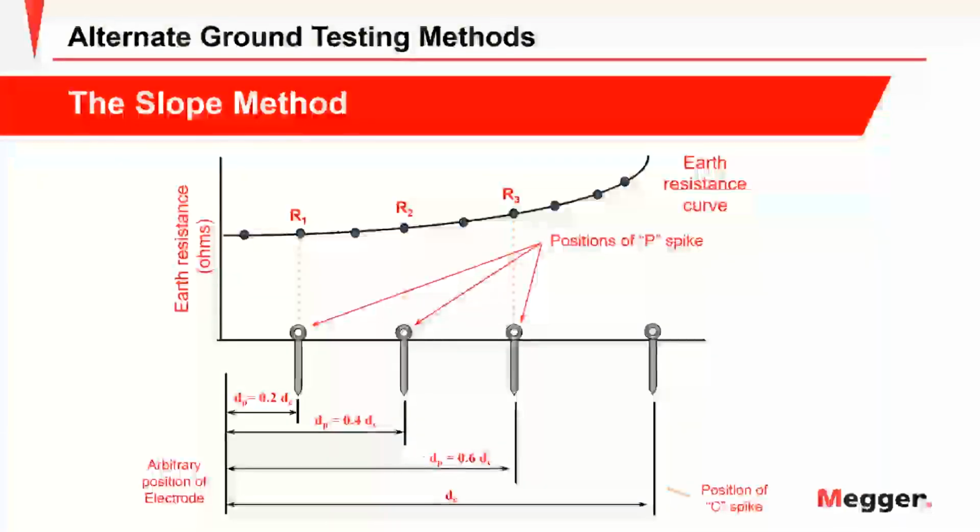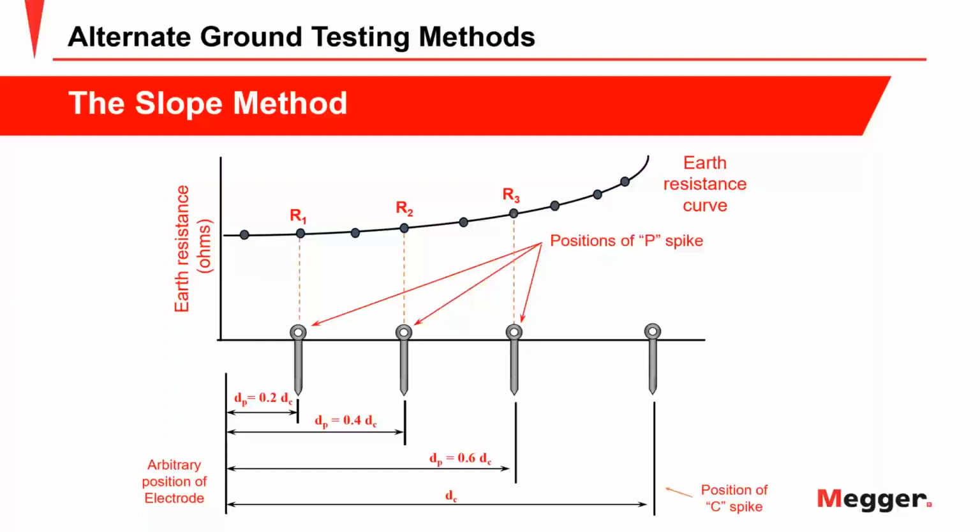Okay. So you're taking a series of measurements and you're plotting the resistance against the distance at which the measurement was taken. Now, you notice here your measurements are going to keep creeping up because they're going to go into the electrical sphere of the current probe. If that didn't happen, then you'd have a fall of potential graph and you could stop there.